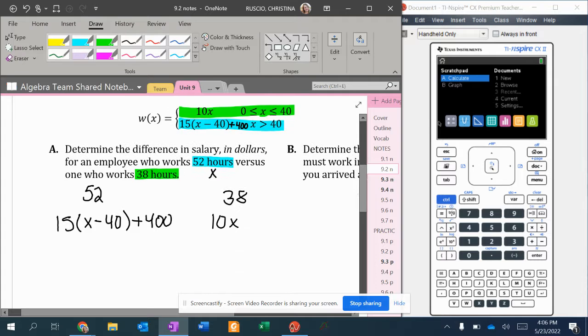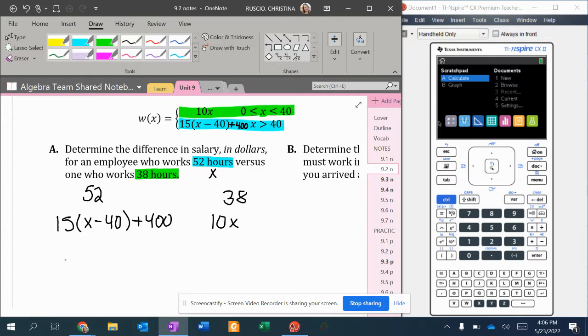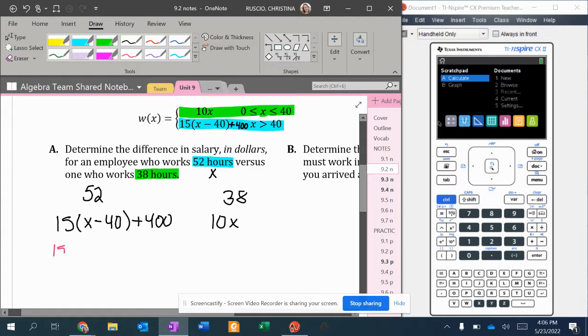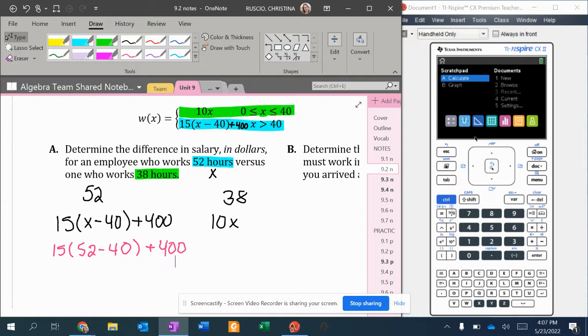Okay, so we could do a couple of things here. We could substitute in and do this algebraically. It doesn't say we have to do it algebraically versus graphically, but let's just show it algebra-wise so that way we know what is up. So 15 all times 52 minus 40 plus 400. You can type that right into your calculator, just how you see it.